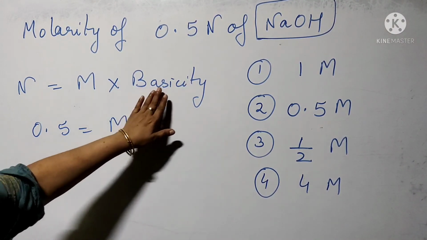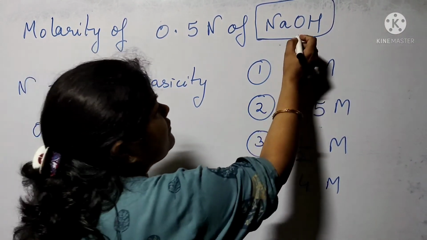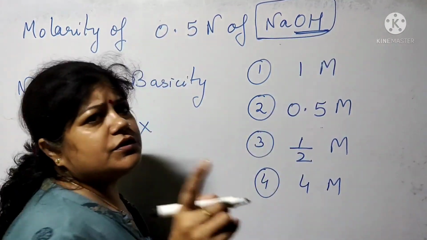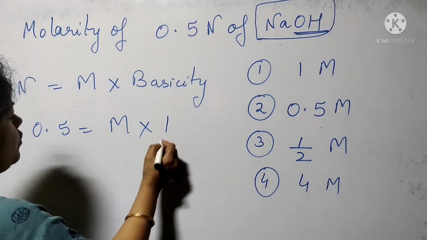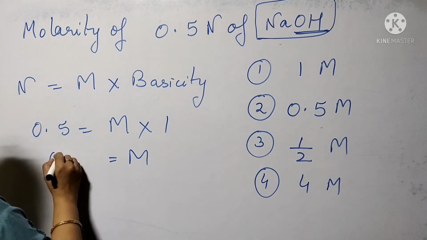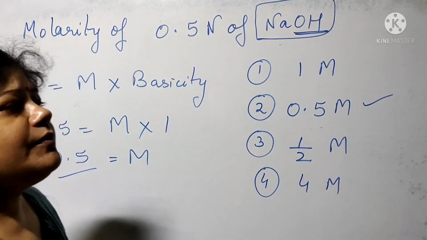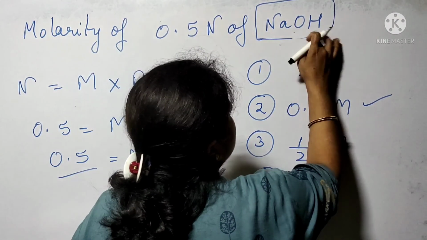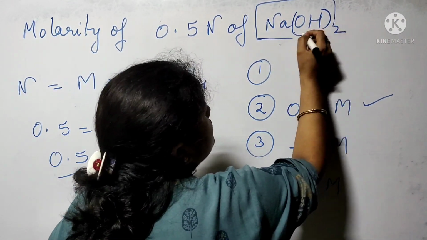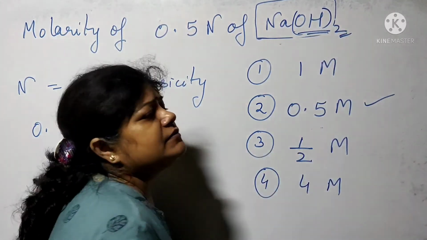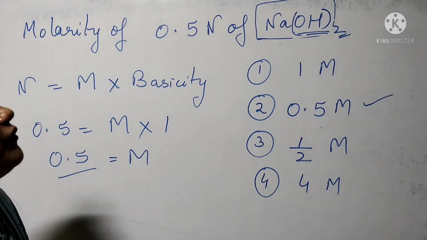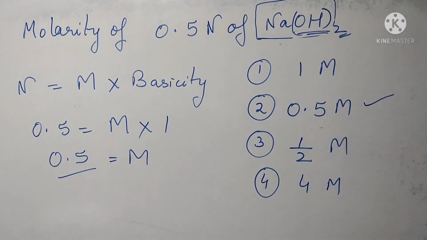For basicity we have to consider the hydroxyl ion. There is 1 hydroxyl ion, so into 1, so molarity again becomes 0.5. For example, if in the question it is not OH but Ca(OH)2, then basicity becomes 2. In this way, we find the different types of questions.